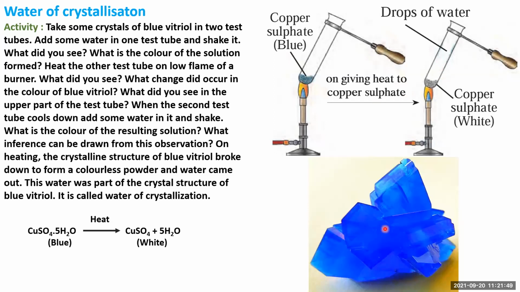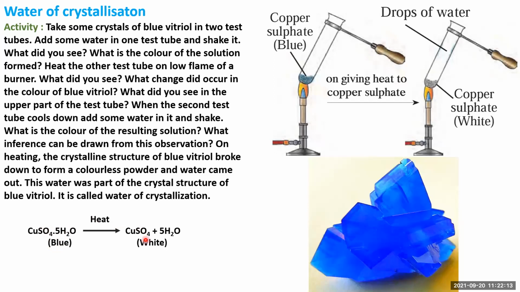Now we had taken the example of copper sulfate. It is blue vitriol. Copper sulfate contains 5 molecules of water inside its structure. When we heat it, the water molecules separate and the CuSO4 becomes white in color. Earlier, along with water, it is blue in color, but when we heat it, it becomes white.